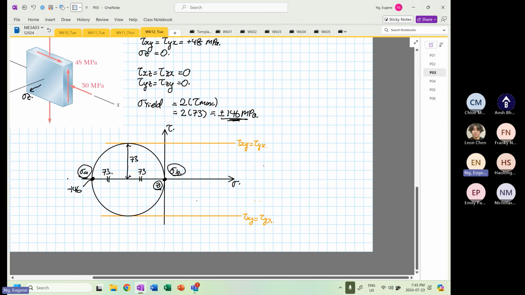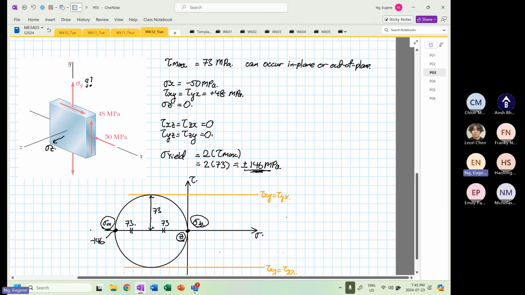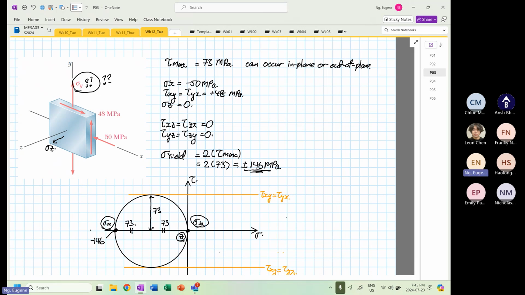Next, I'm going to do a complete 3D Mohr's circle. What we want to determine is what our stress Y value is that satisfies the condition where the maximum shear stress is 73 megapascal and the yield stress is 146 plus or minus.